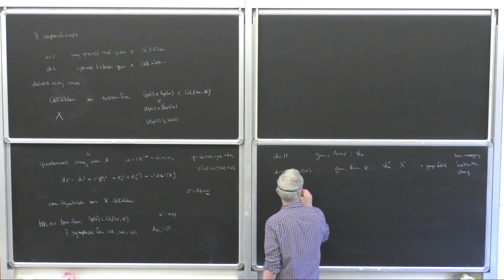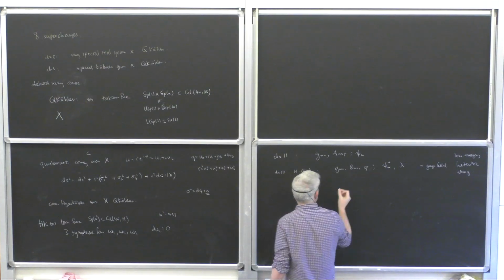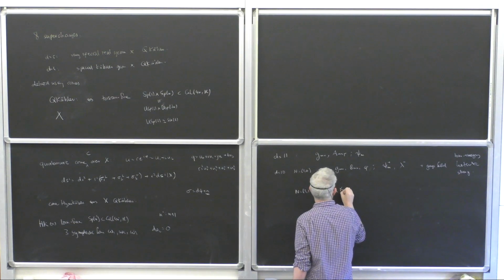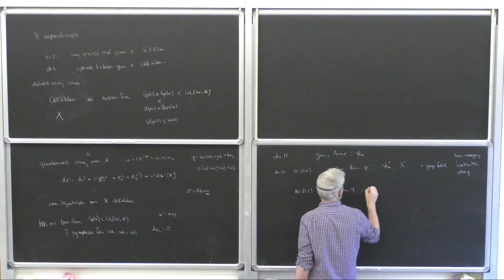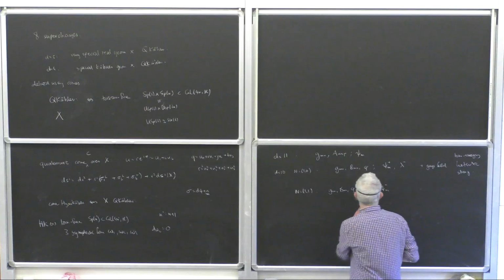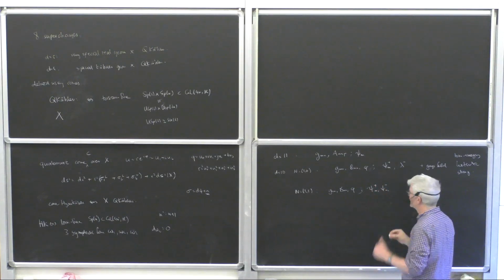If I do the N equals 1, 1, you have these same fields. So we have G_MN, B_MN, phi, and then I get two different spinors. The plus and minus are telling you their chirality.